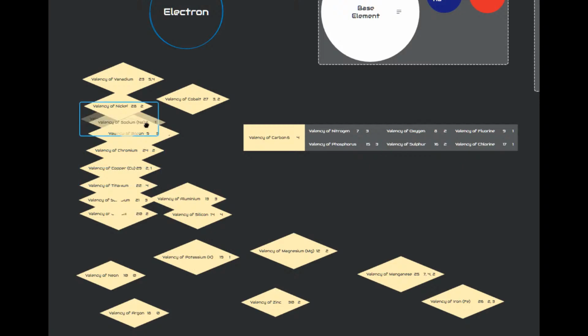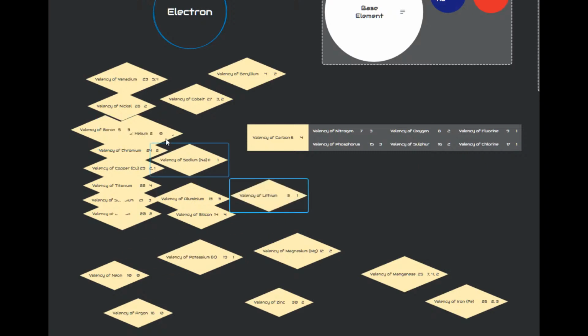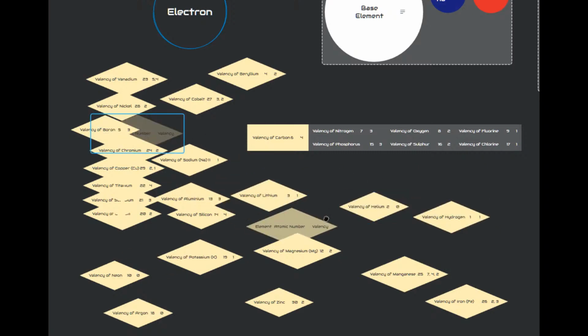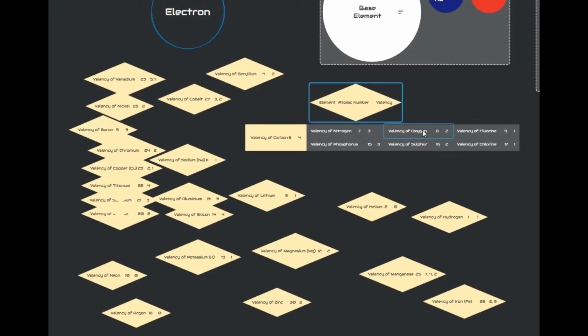Silicon. Do we actually have silicon here though? Beryllium and lithium and helium and aluminum. I don't know these things, but I know what they do. Atomic number and valences. So okay, there we go.